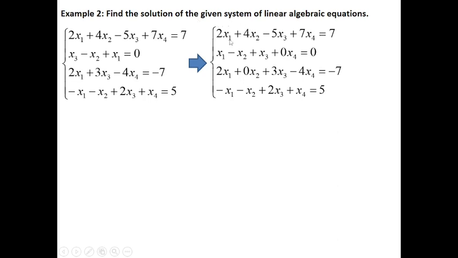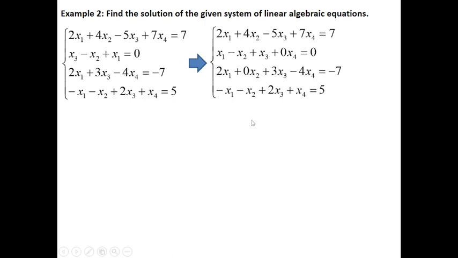Mauuna yung x1 followed by x2 followed by x3 followed by x4. Tignan natin yung second equation. x3 minus x2 plus x1. Para di tayo malito, x1 minus x2 plus x3 plus 0x4 equals 0. Then, ganun din sa third equation. Ganun din sa fourth equation.